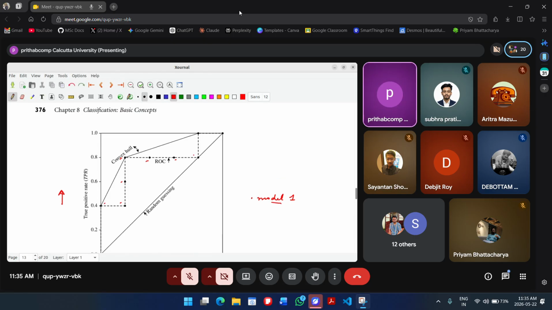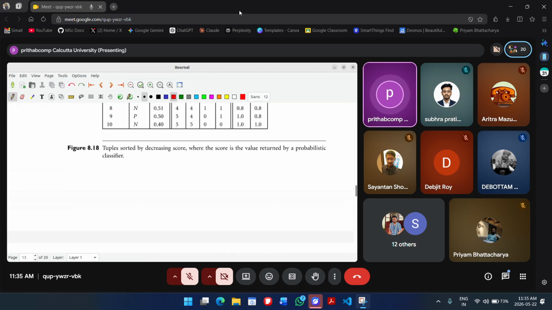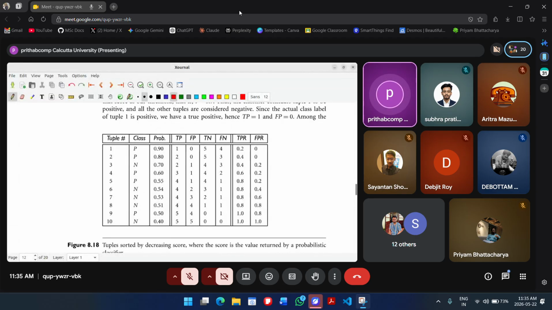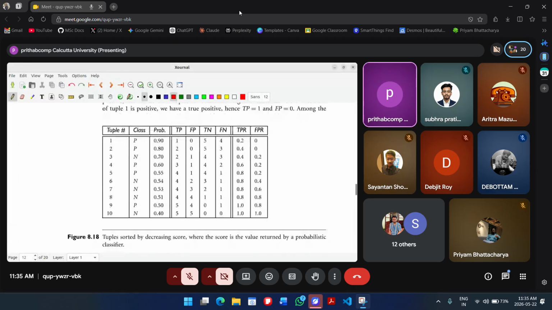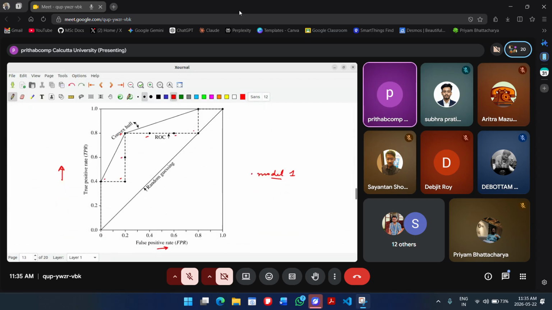These models can be many things, but in our case, let's consider that the model uses a probability-based classifier.